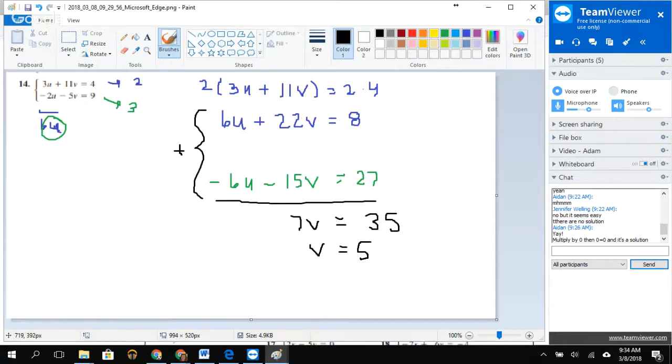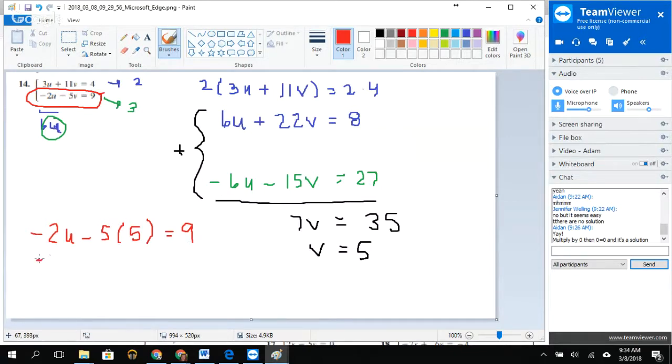When I do these problems, what I like to do is go back to one of the original problems, just in case I messed up somewhere with my numbers. If I pick the second one, it doesn't really matter. I have negative 2u minus 5v, 5 times v, and v is 5, right? Equals 9.